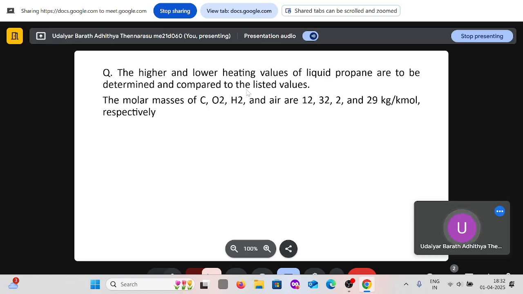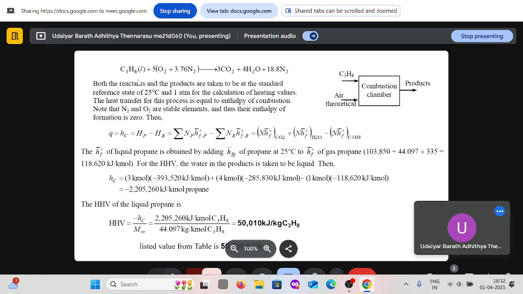So we need to find out the heating value for propane. Propane in liquid form reacts with 5 moles of air to form 3 moles of CO2, 4 moles of water and 18.8 moles of nitrogen. So this is the combustion equation for propane.